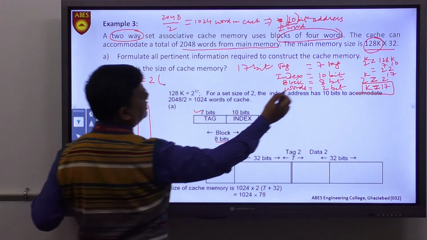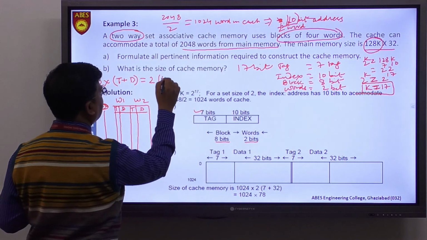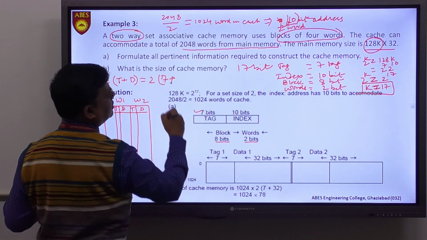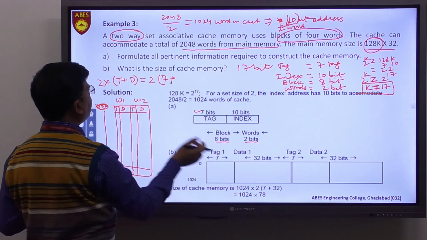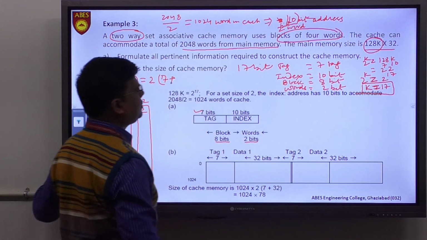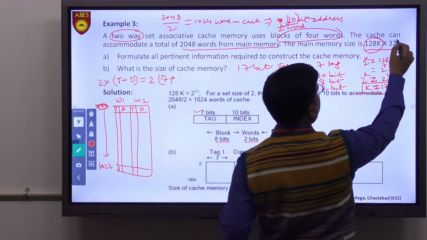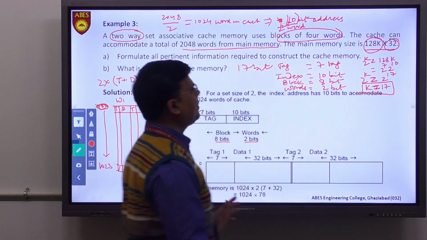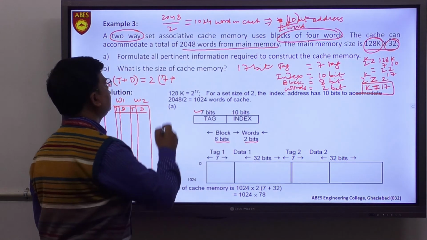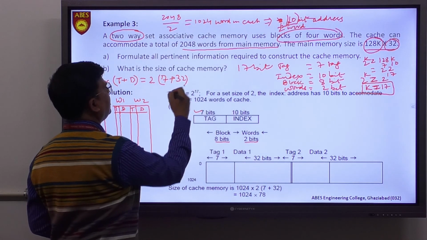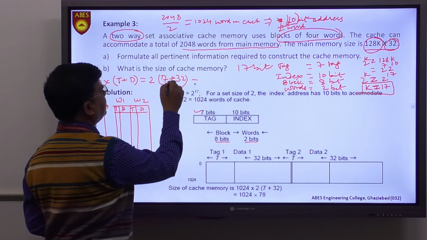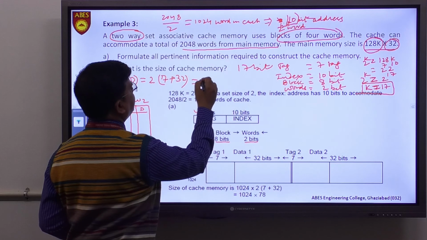Tag is of what size? 7 bits. So 7 plus the data size, which is 32 bits here, 32 bit data in main memory. Now it will become 39, that is 78.